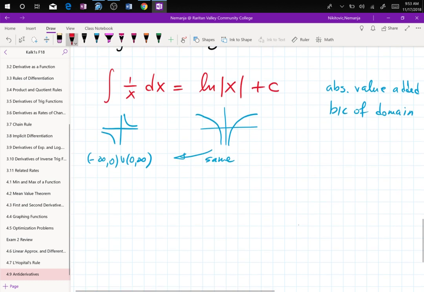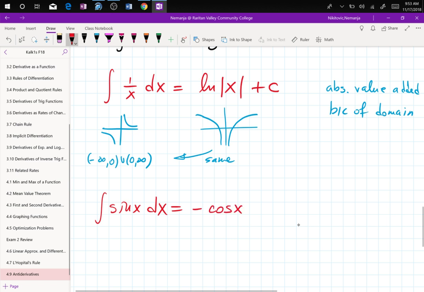All of the trig ones: integral of sine x dx is, close, negative cosine. Because what is the derivative of cosine? It's negative sine, right? So that negative has to play there.